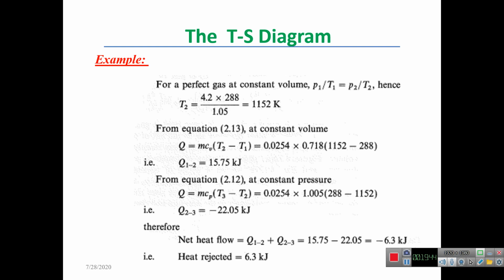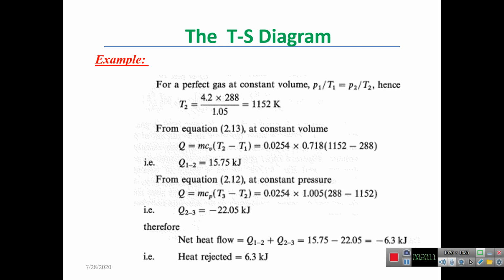The negative sign, of course, indicates rejection, heat rejection. Now, the net heat flow can therefore be calculated from the equation Q1 to 2 plus Q2 to 3. Now, Q1 to 2 is 15.75, Q2 to 3 is minus 22.05. So 15.75 minus 22.05 is equal to 6.3 kilojoule with a negative sign.